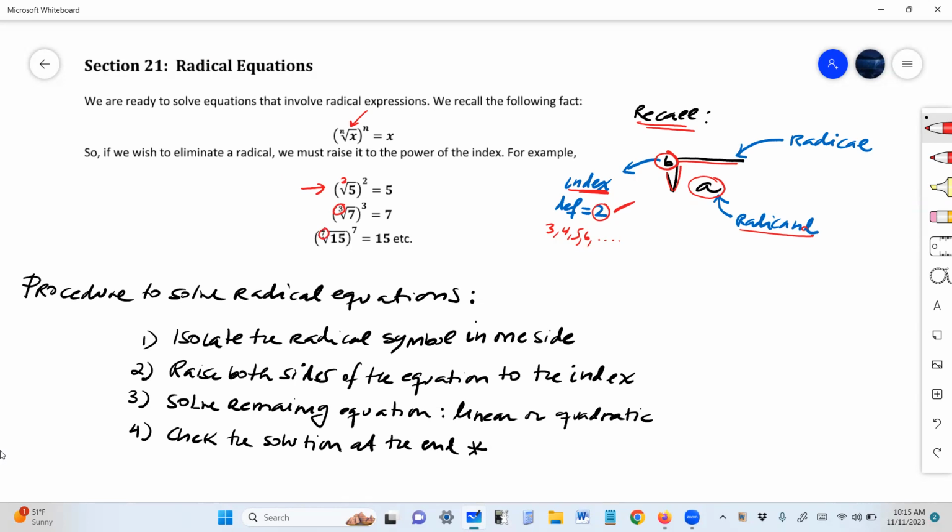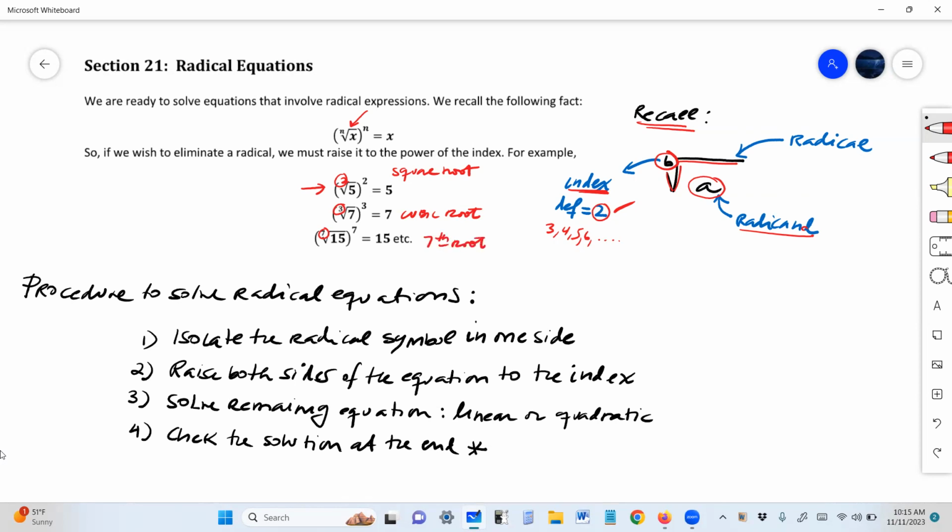When we have a radical with an index 2, we call it the square root. Index 3, we call the cubic root. And then we have 4th root, 5th root, 6th root. This will be the 7th root, and so on and so forth.